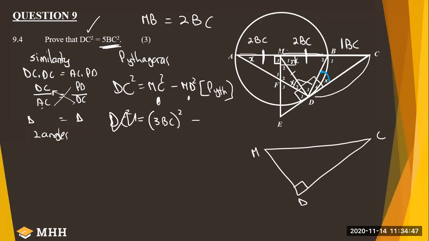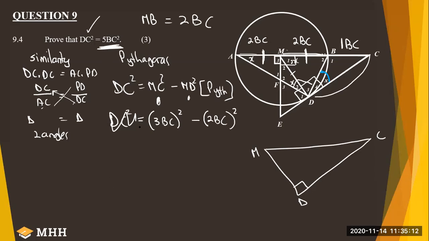And what will MD be equal to? Well, MD, can you see, is equal to MB. But MB is equal to 2 BCs. So I can just sub this one in with 2 BCs. You see how you would approach it. And my answer must be in terms of BCs only.